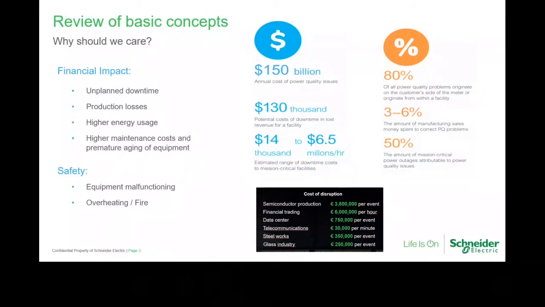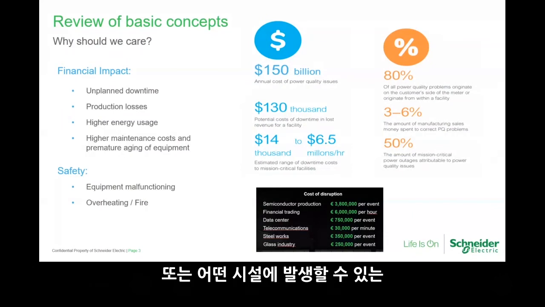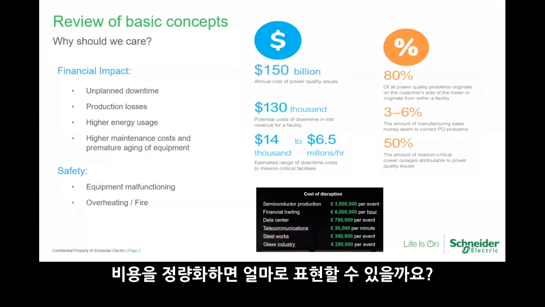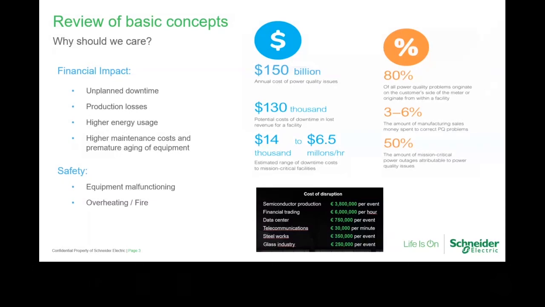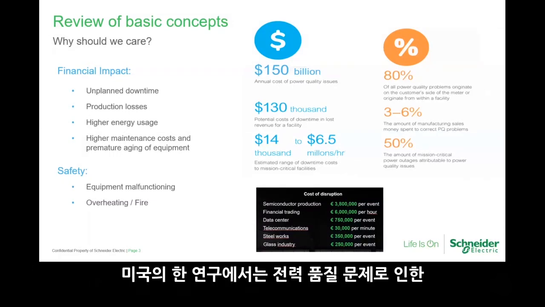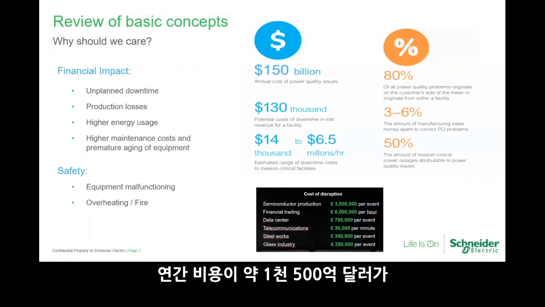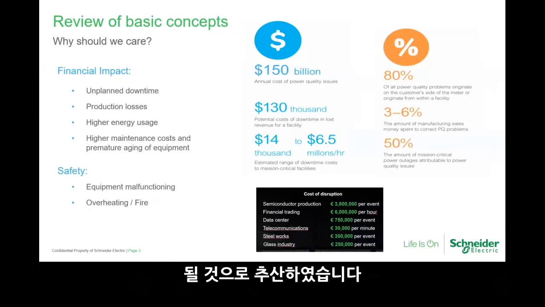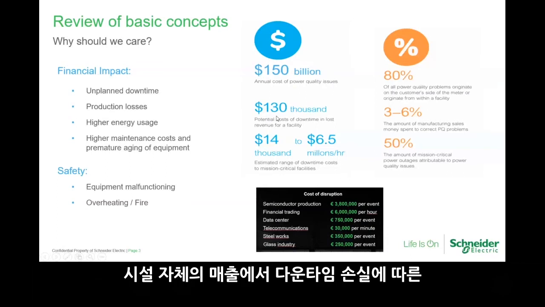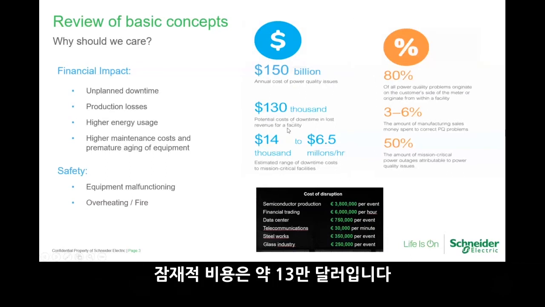Now, how much is the quantified value of what power quality can cost any facility? In a study in the US itself, it's estimated to be about 150 billion annual cost of power quality issues. It is about 130,000 potential cost of downtime loss in revenue for a facility itself.